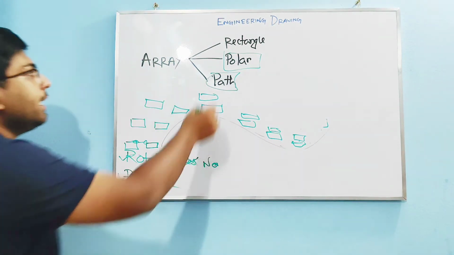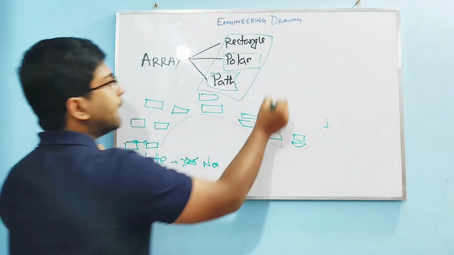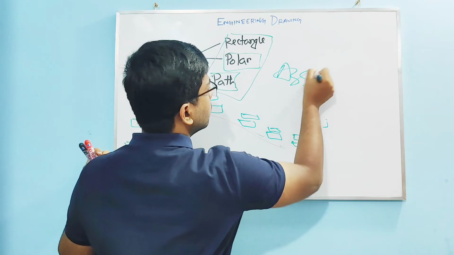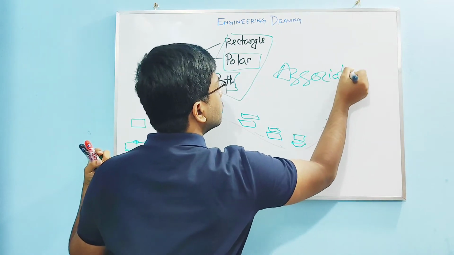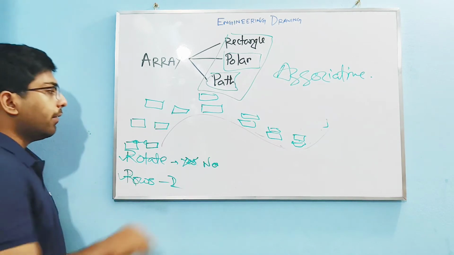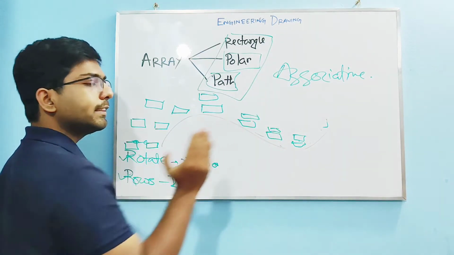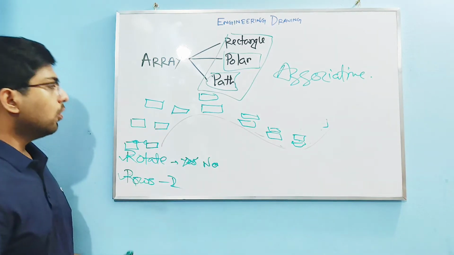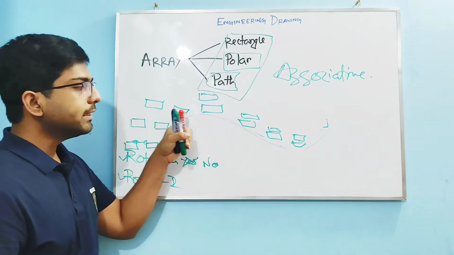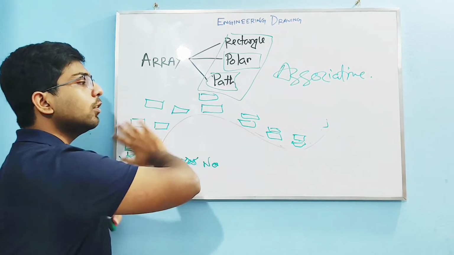Now, in all 3 of these options, there is another thing, that is associative. After drawing this whole figure, if this associative option is turned on, when you select one of these objects, the whole thing will be selected, because this is a whole array.